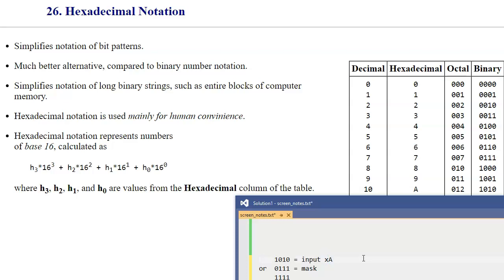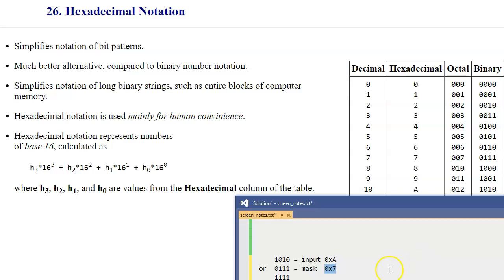By the way, in C and C++, the 0x prefix is used to specify hexadecimal values. Likewise, the value represented by the bit pattern 0111 is, in both decimal and hexadecimal, a 7. So this value would be written as hexadecimal 7.